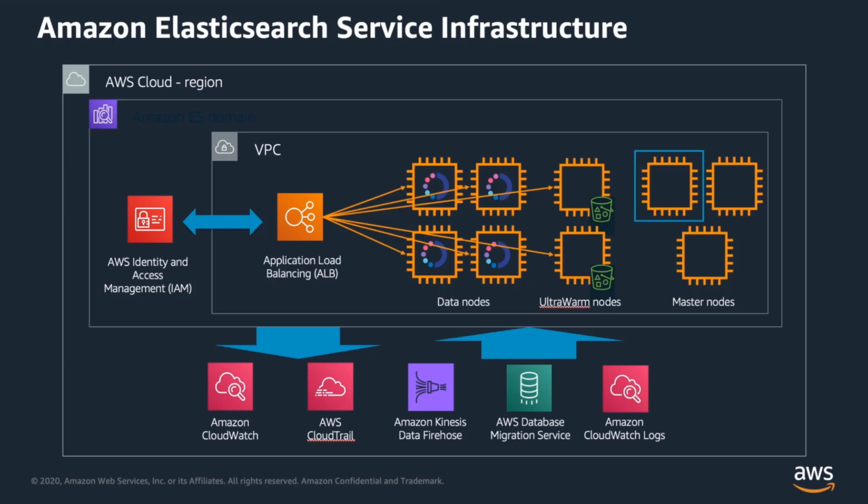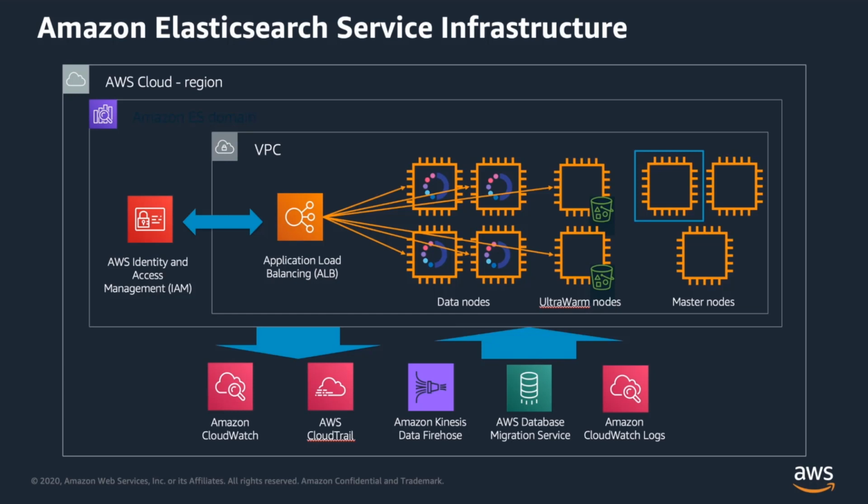And then Amazon Elasticsearch service also has a new feature called ultra warm nodes. Ultra warm nodes allow you to create this storage tiering within Elasticsearch by storing data on Amazon S3. So when you choose to move your data to the ultra warm nodes, the data is stored on Amazon S3.